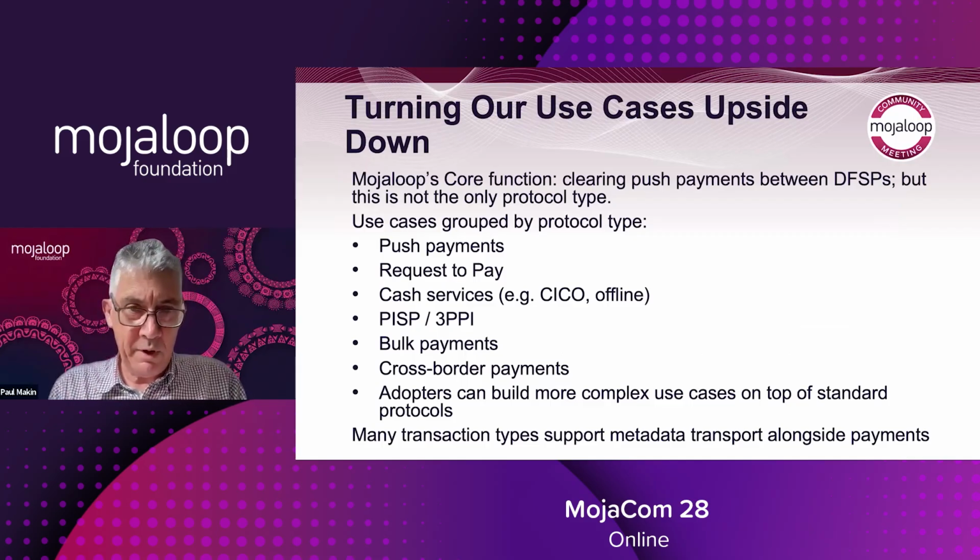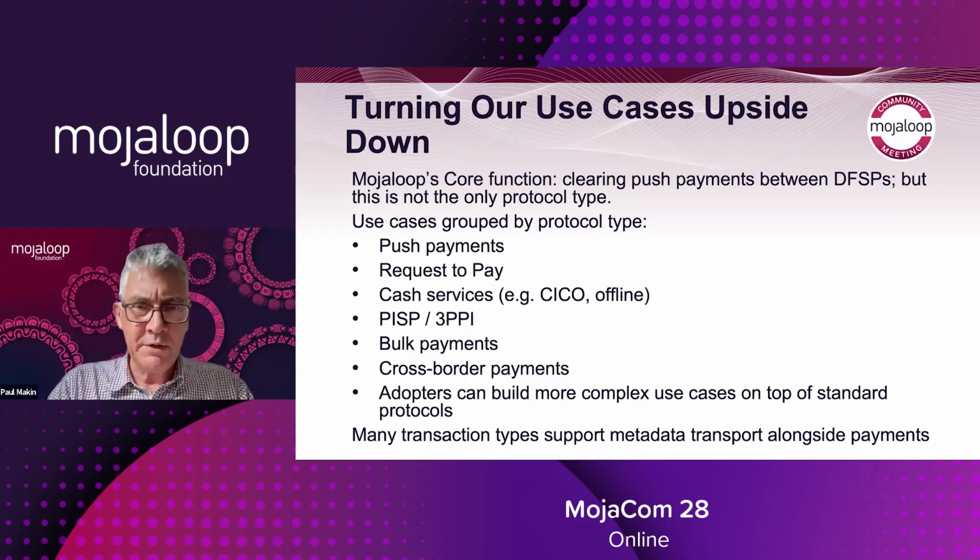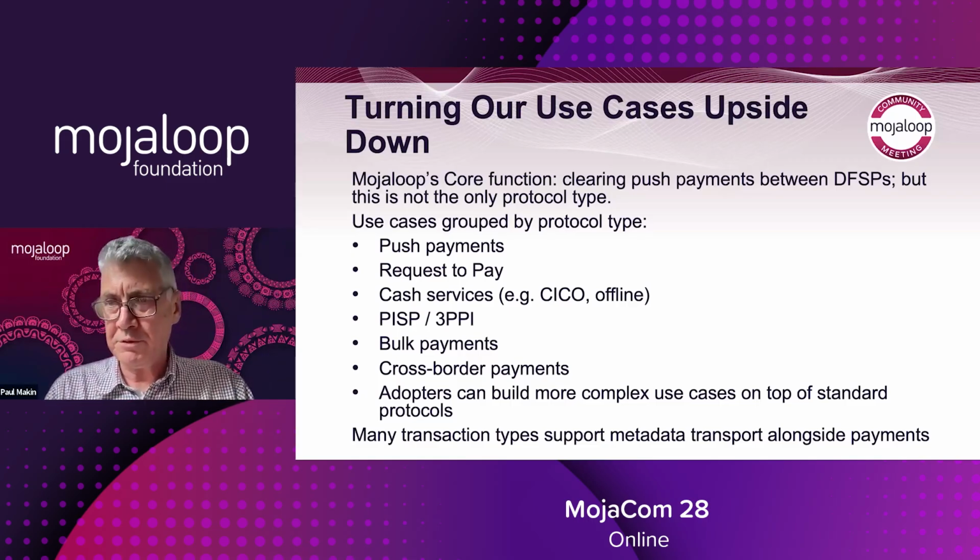So instead, we tried to group use cases by the protocol type. So I've already said we can do push payments, we can push value. There is also a request to pay. There's cash services, PISP, bulk payments, cross-border, and I'll go into a little more detail.